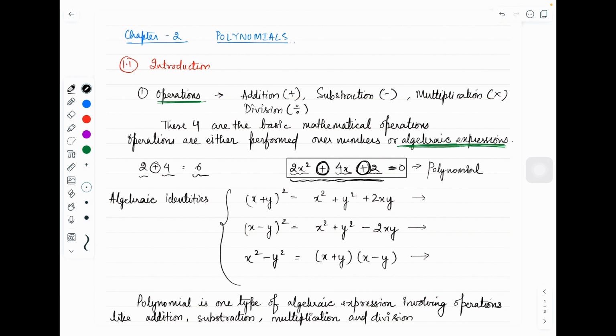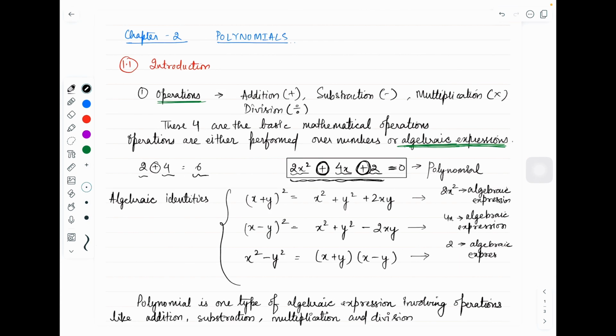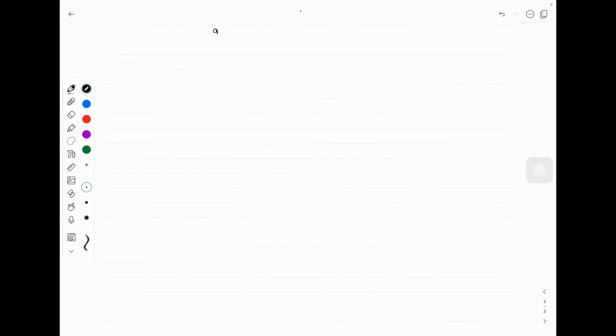2x square is an algebraic expression in itself. Similarly, 4x is also an algebraic expression, and 2 is also an algebraic expression. Let me write it here. We have written 2x square, then a plus sign, then 4x, then plus 2 equals to 0.